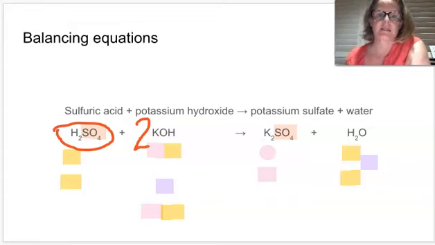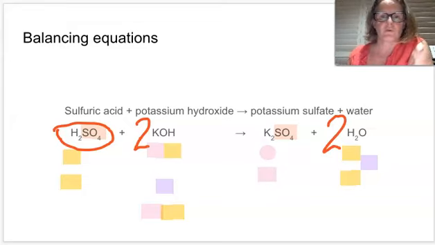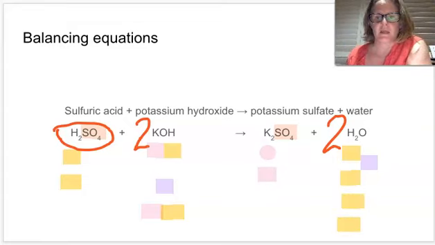I can see an easy solution. We're just going to make 2 water molecules. So if we make 2 water molecules, we now have 2 extra H's and an extra O. So are we balanced? Let's just double check.